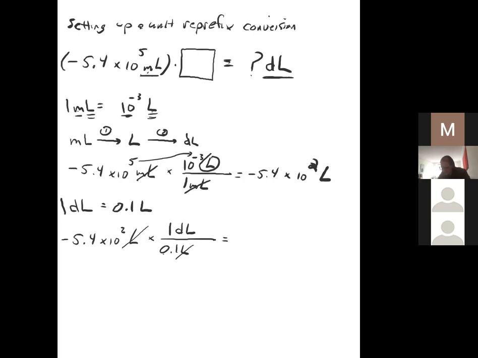So now you have minus 5.4 times 10 to the 2 divided by 0.1. You can remind yourself that if you're dividing by 0.1, that's like multiplying by 10.